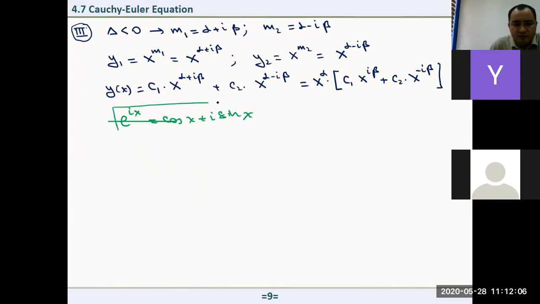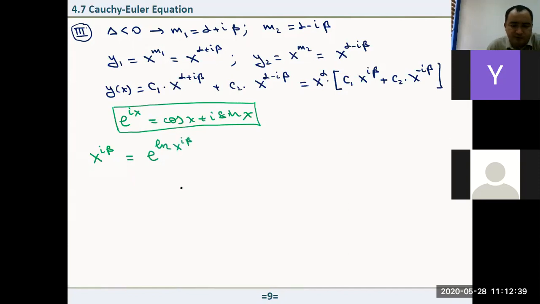So I'm going to make use of this Euler's formula to transform the solution into a different form that does not contain i. So using this identity, here we have x to the power i beta, right? I can just write it as e to the power natural logarithm of x to the power i beta, right? And we know that because e and the natural logarithm cancel each other, it is equal to this.